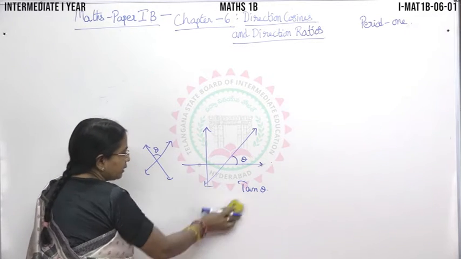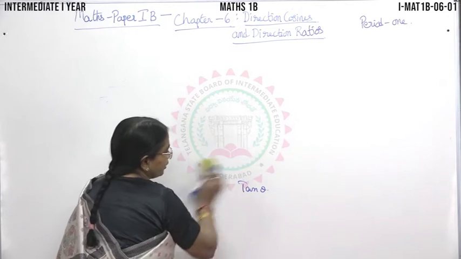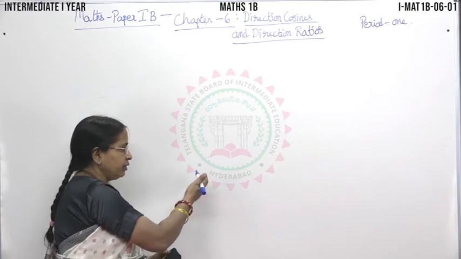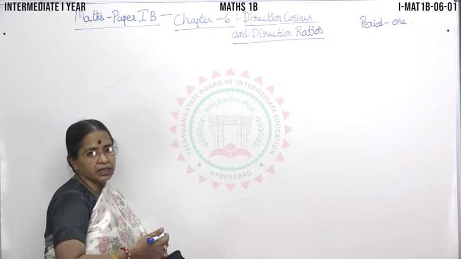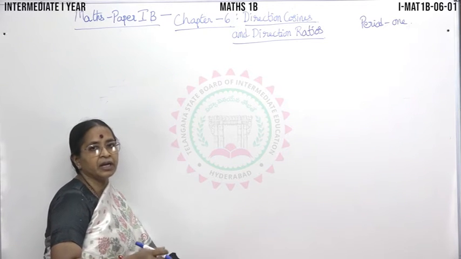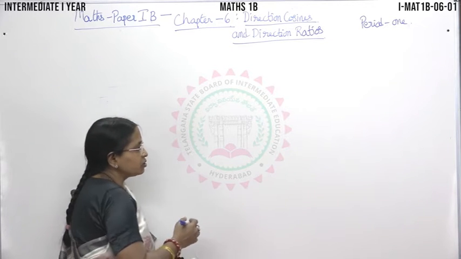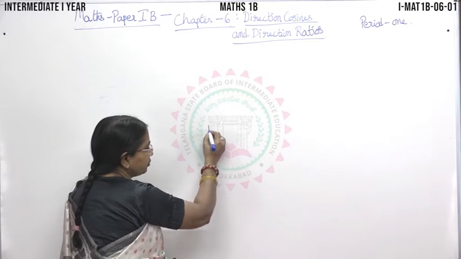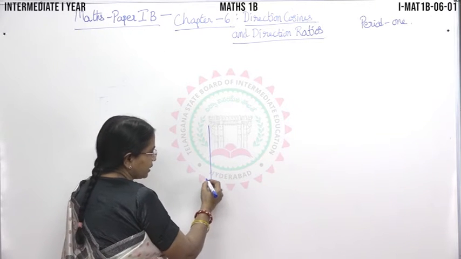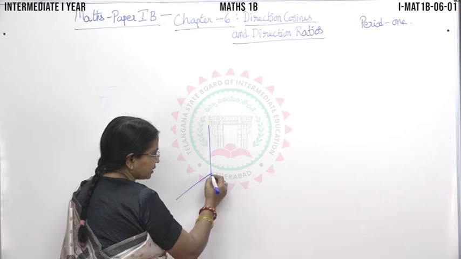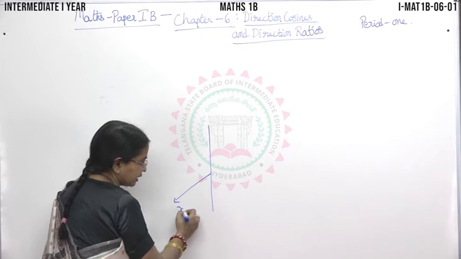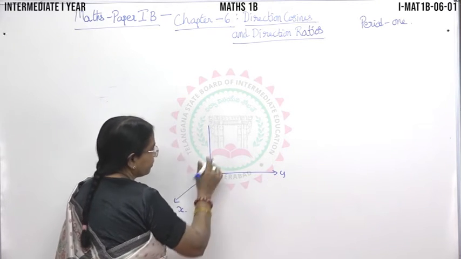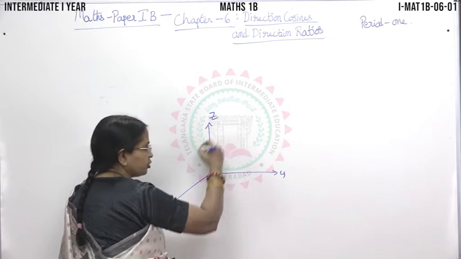Now, in three-dimensional coordinate system, we don't have slope because we will not be defining any inclination. So here we define direction cosines. So what are these direction cosines? Now, suppose that you have the coordinate axes, x-axis, y-axis, and z-axis, which are mutually perpendicular.